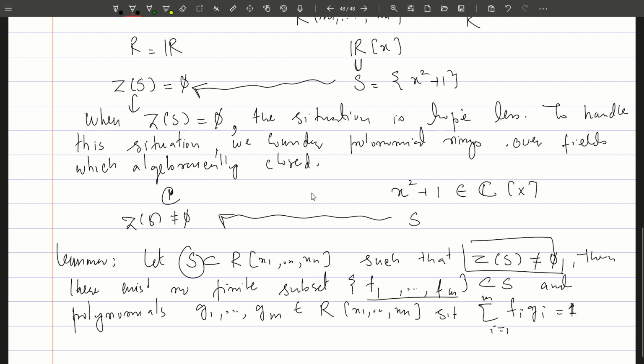Now why is this true? So the proof of this lemma is straightforward. So proof: suppose such a subset f1 through fm of S exists.